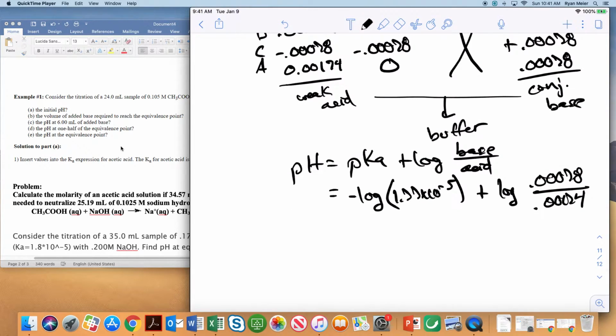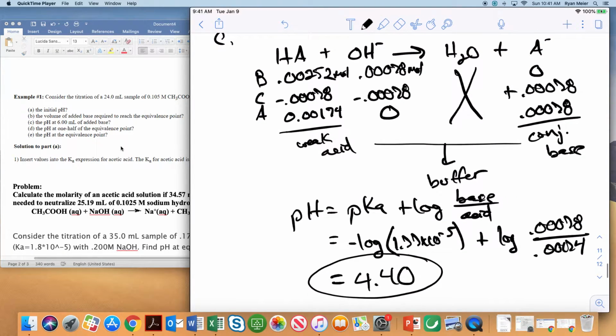So negative log of 1.77 times 10 to the minus 5, plus the log of 0.00078 divided by 0.00174. And I get a pH that's about 4.40 at this point. All right, so that was a decent bit of length for that particular question, right? Finding basically the pH partway to the equivalence point.